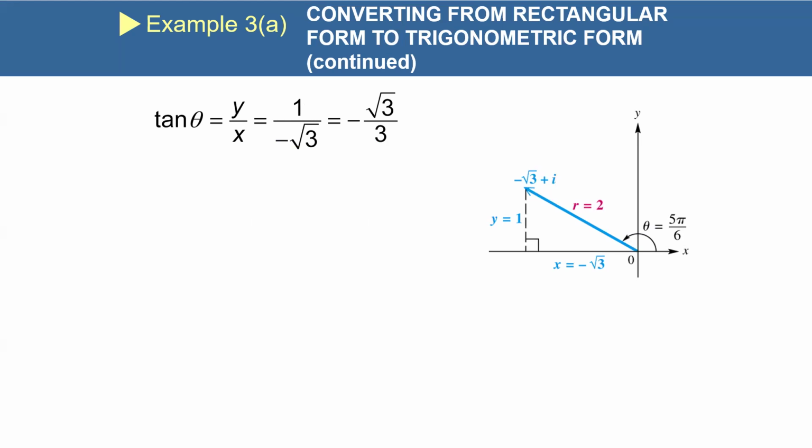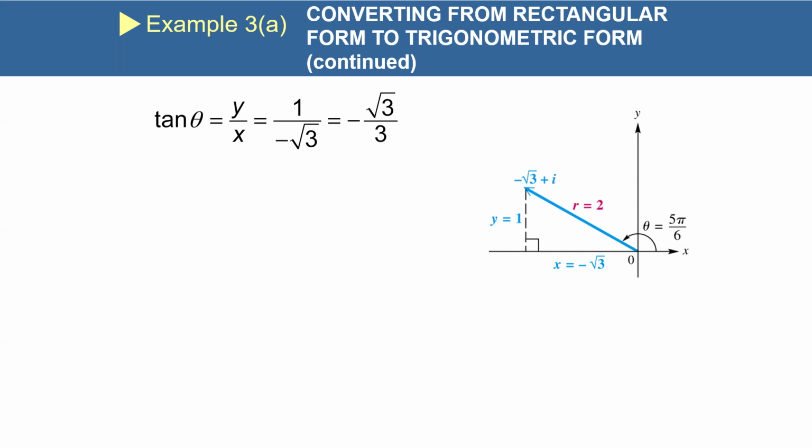On your unit circle, when do you have your x value as negative square root 3 over 2, and your y value is 1/2? And where is that at? At 5 pi over 6.